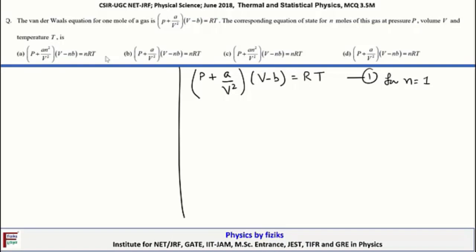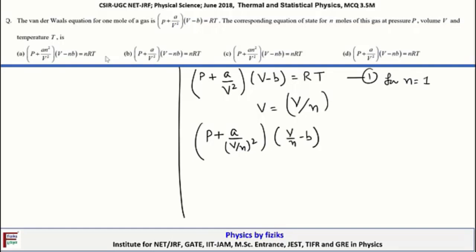Now this equation can be transformed for a system having n moles by simply replacing volume with volume per mole. If you do that, we can rewrite this equation as (P plus a n square by V square) multiplied by (V by n minus b), and that is equal to RT.